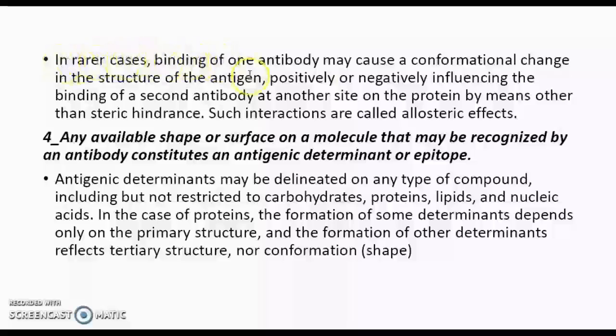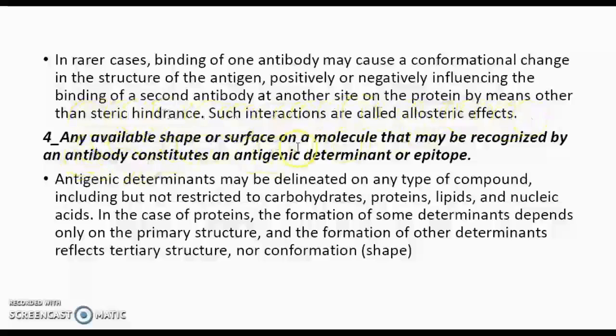In rare cases, binding of one antibody may cause a conformational change in the structure of the antigen, positively or negatively influencing the binding of a second antibody at another site on the protein. By means other than steric hindrance, such interactions are called allosteric effects.